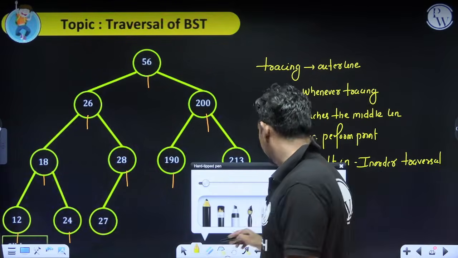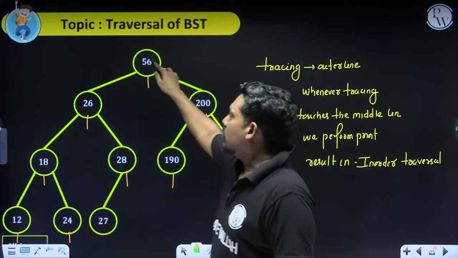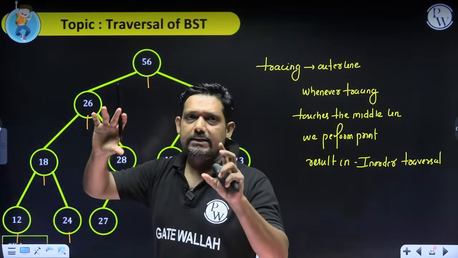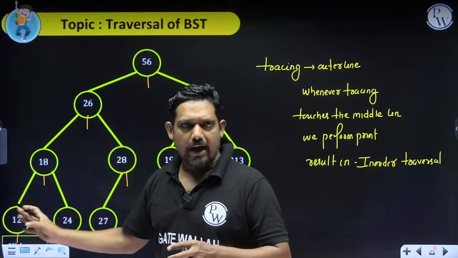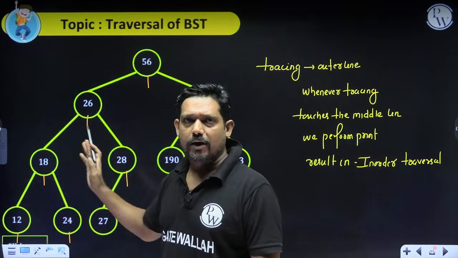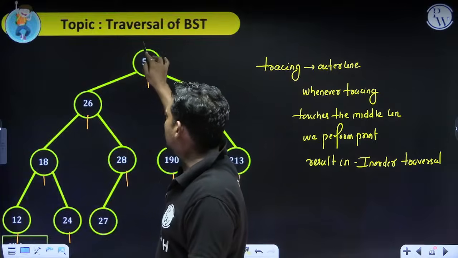How? Look here. I am drawing a tracing and my tracing touches the middle line. I already have a middle line for every node. Do the print, it will give you the inorder traversal.